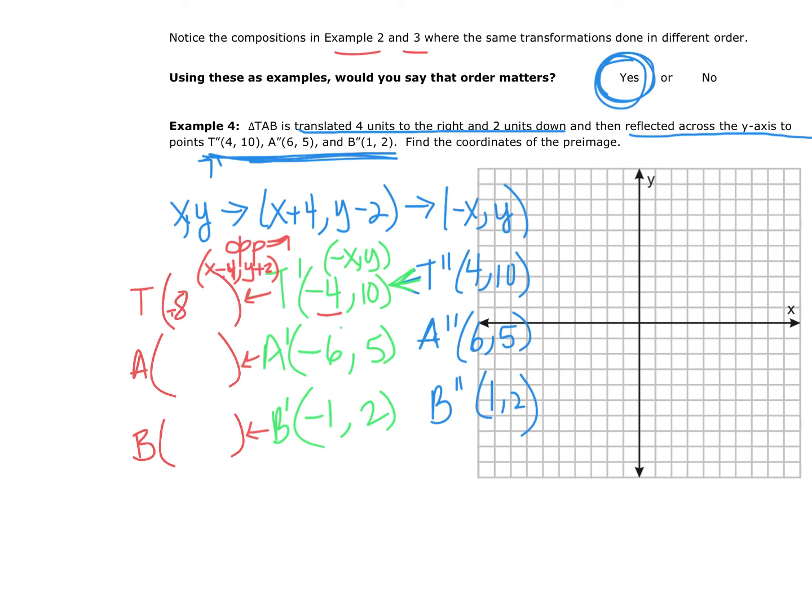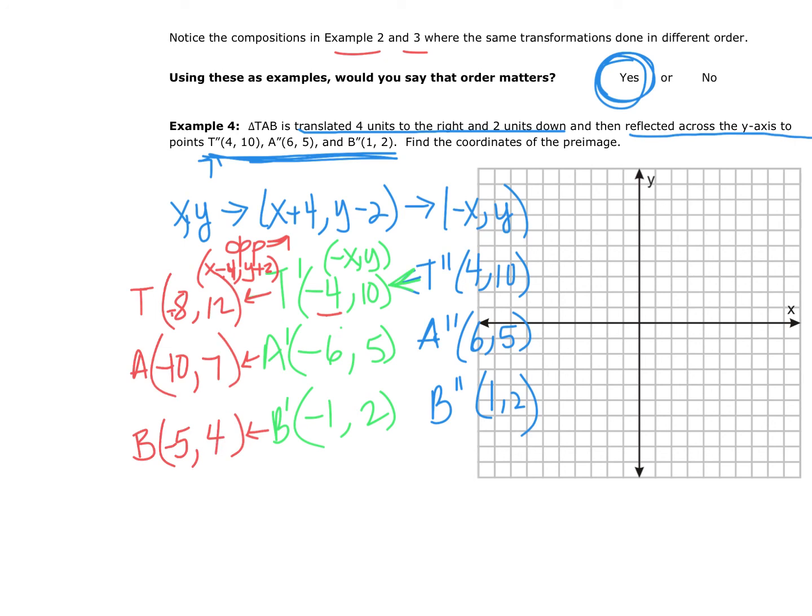Y 10 plus 2 is 12. Negative 6 minus 4 is negative 10, and 5 plus 2 is 7. Then 1 minus 4 is negative 5, and y 2 plus 2 is 4.